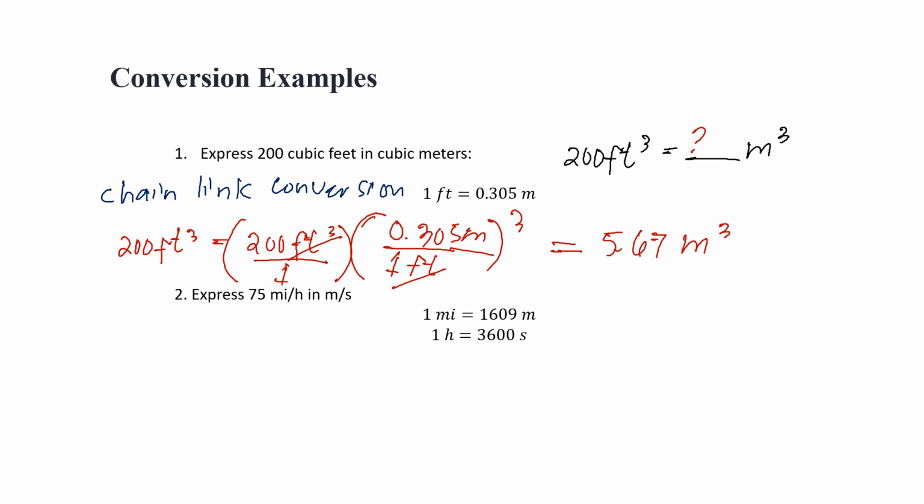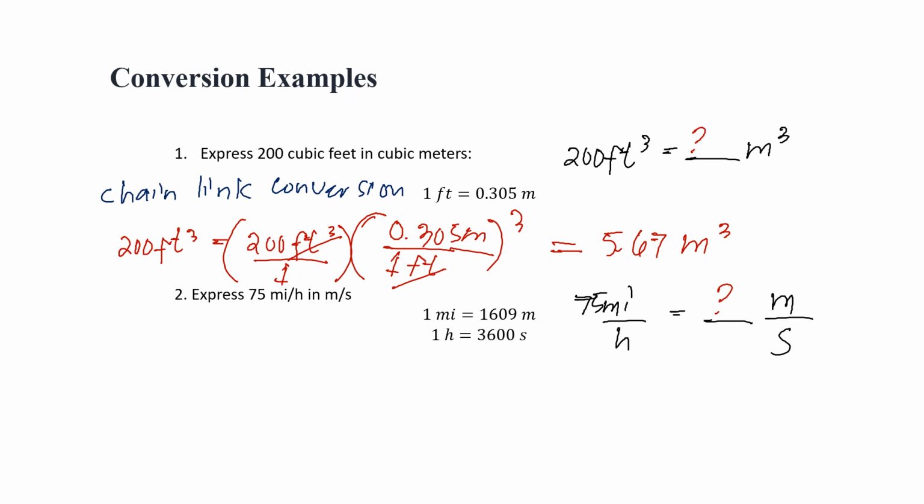Next, we proceed with the second example. So here, we are asked to express 75 miles per hour in meters per second. So our target here is to convert 75 miles per hour into meters per second.